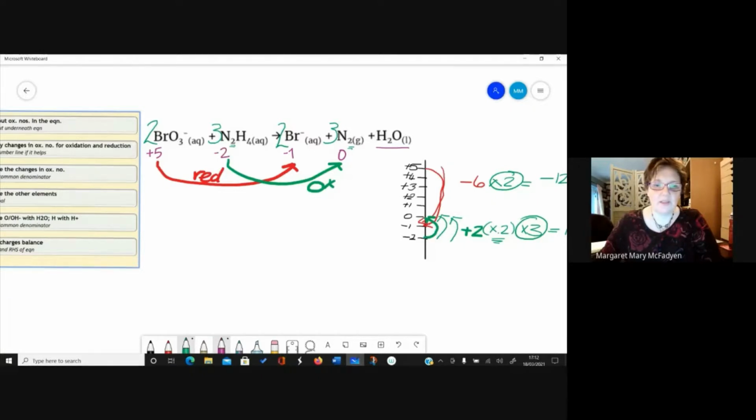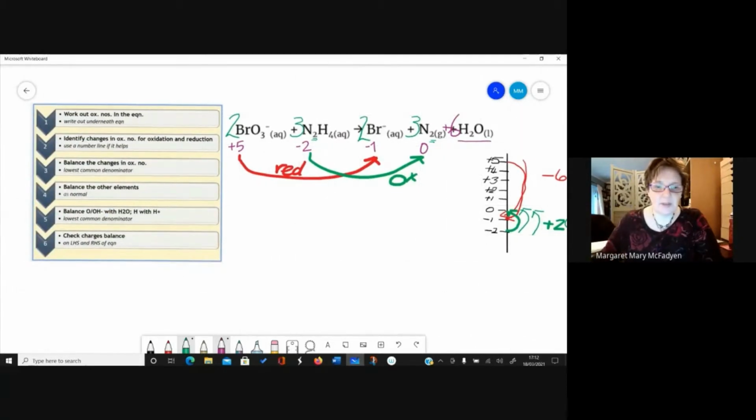We do 2 times 3 here, we have 6 oxygens. So if we take 6 moles of water, you see that 6 times 2 now gives us 12 hydrogens, and 6 times 1 oxygen gives us 6 oxygens. This step here is not relevant particularly in this equation because we're not using acid or alkali conditions.